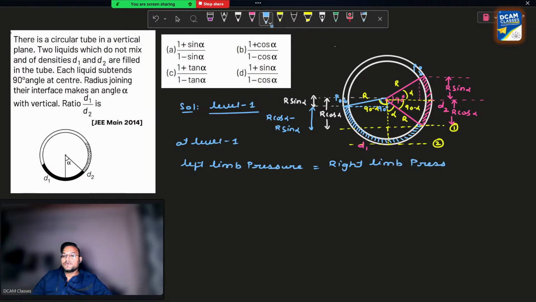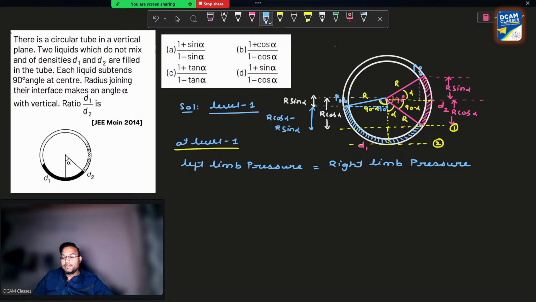It's just for showing you, because that's our law. Same thing you can do at level 2 also, but since I have represented all the calculation using level 1, I'm doing using level 1.